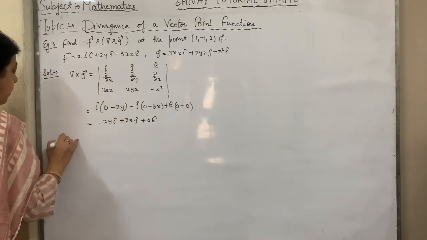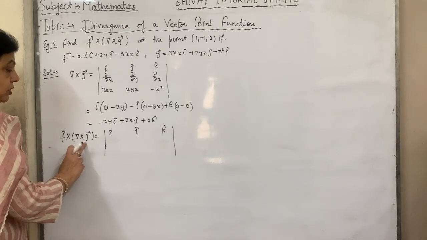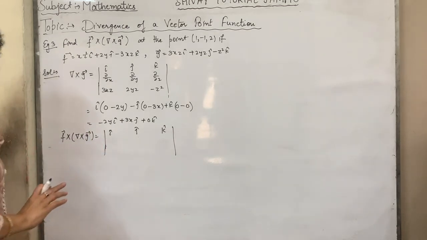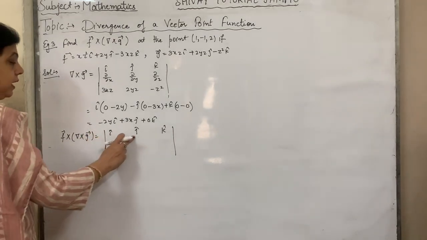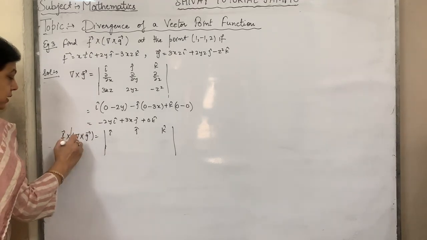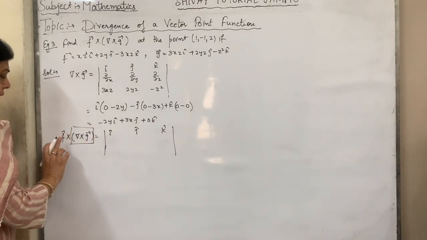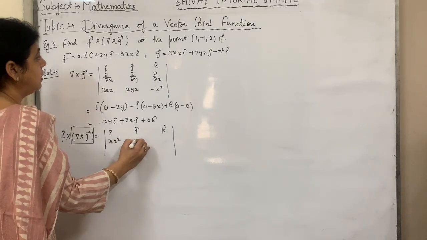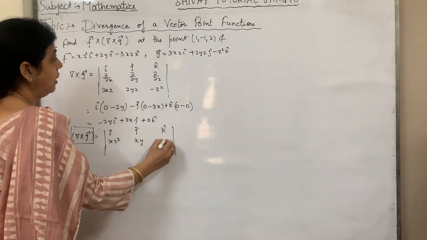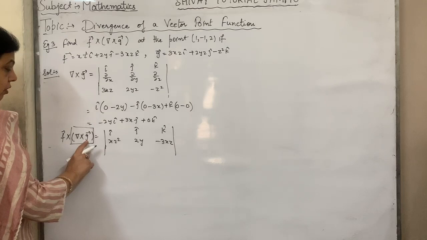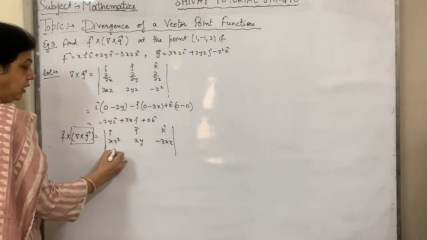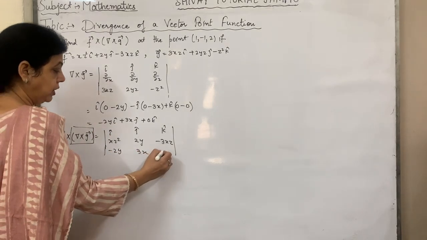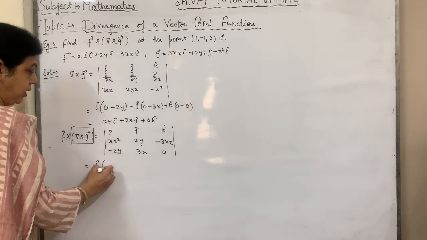Now, next we will find f cross del cross g. Cross we will find with the determinant method. i, j, k. The first function, f, is x, z square, with the i coefficient, j coefficient and k coefficient. Now del cross g, this function, i coefficient, j coefficient and k coefficient. What is i?